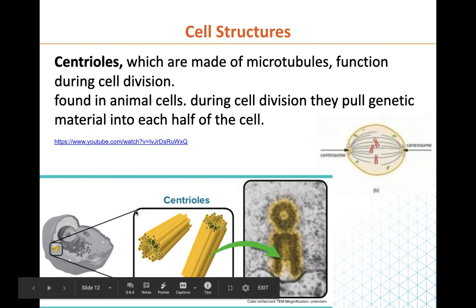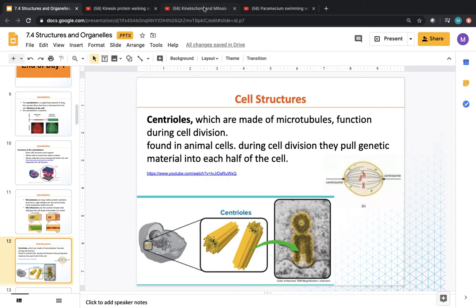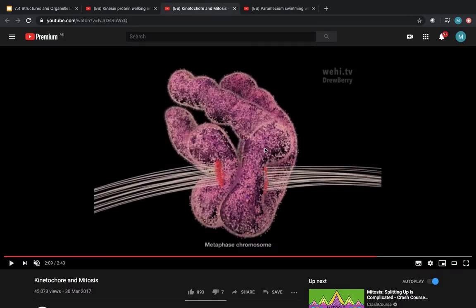Okay? So let's go ahead and take a look at what happens during cell division. So during cell division, it's extremely important that the two new cells get equal amounts of DNA. So these are each sister chromatids, which are basically identical copies of DNA, and each one needs to be dragged to an opposite side of the cell before the cell divides in half.